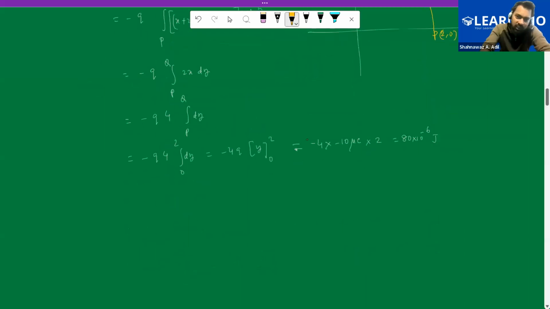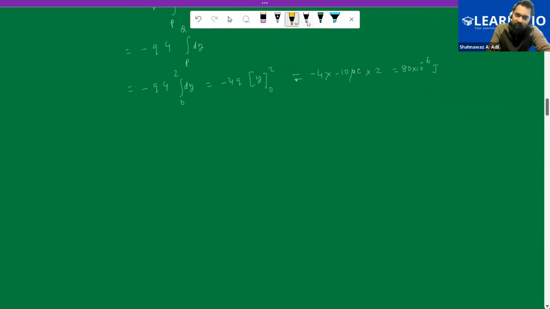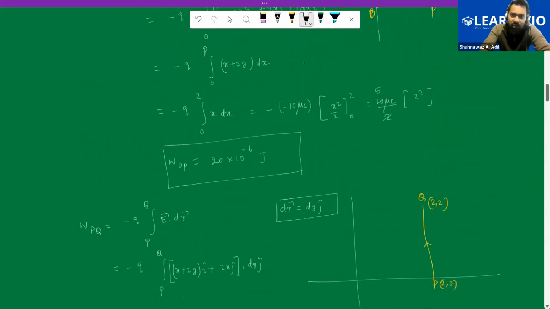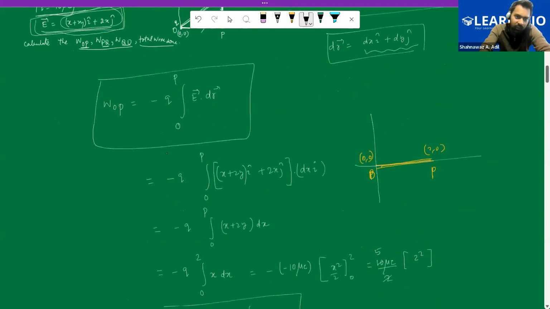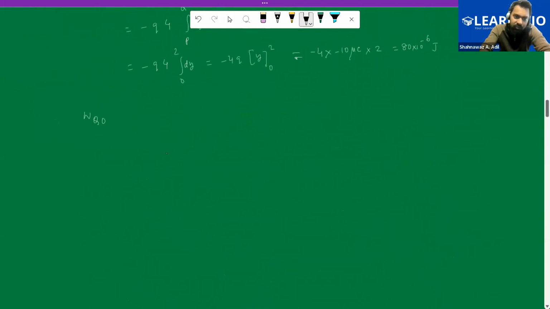Now, this is the interesting part, right? From Q to O. So Q to O we are going. Now we have this situation. We are going from here to here, right?